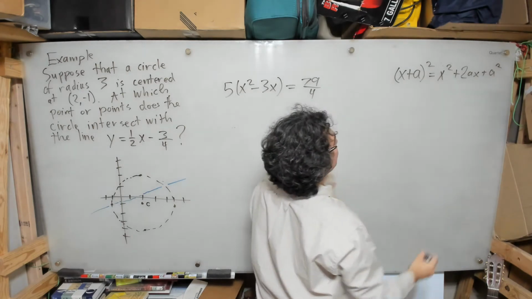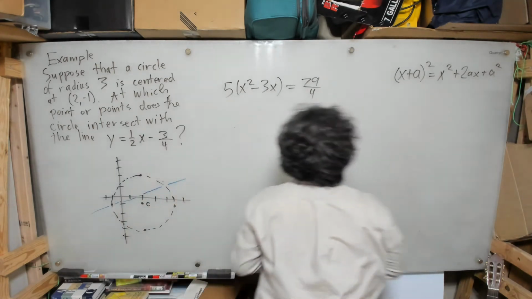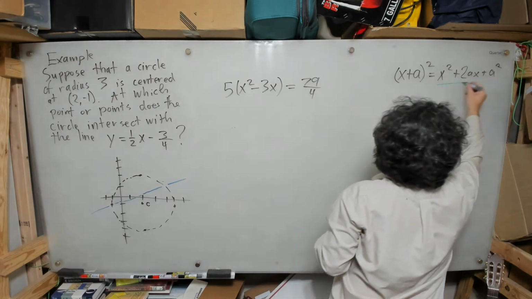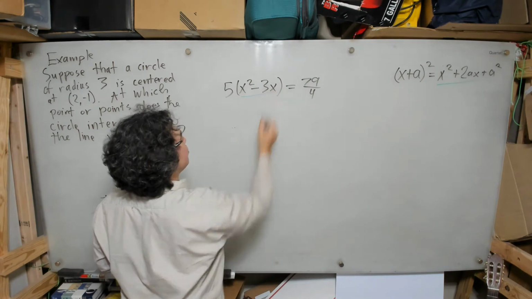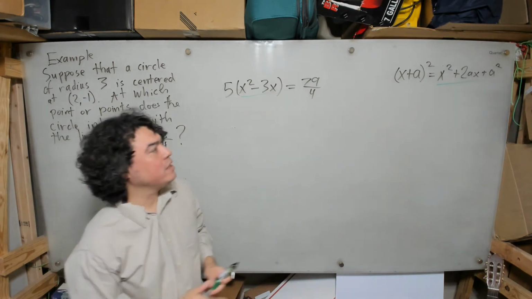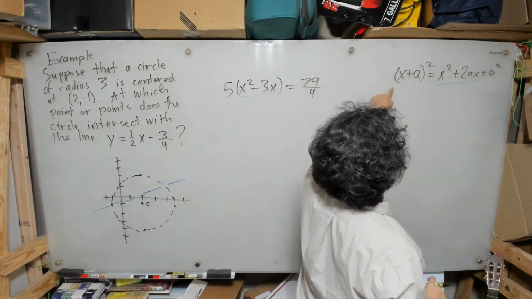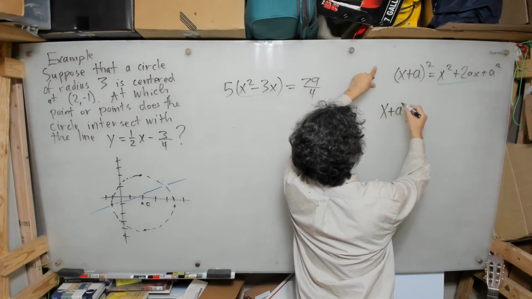And what we're going to do is try to match the x squared plus 2ax with the x squared minus 3x. But the key thing I want you to remember is that we don't have to memorize this formula. We can always just calculate it when the moment is necessary.